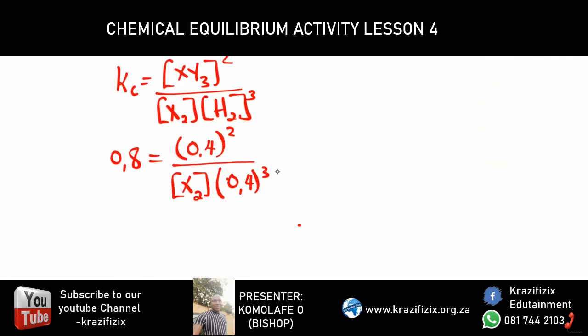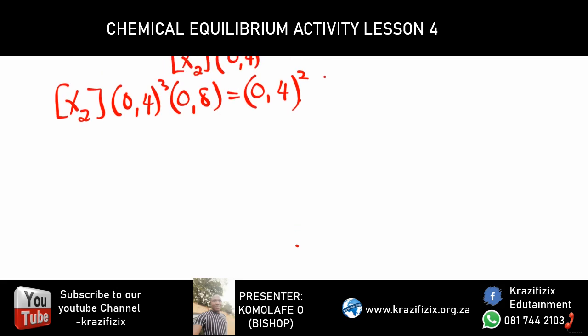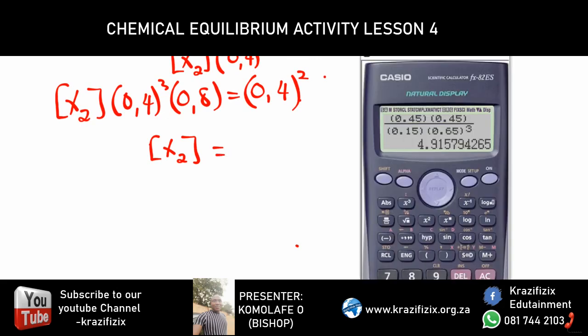Okay, let's do some maths now quickly. I don't know how you want to do your maths, but let me make it simple for everyone. Cross multiply. All right. And if I do the maths, I'm sure you can do the maths here, which is basically dividing both sides by what's on the left.